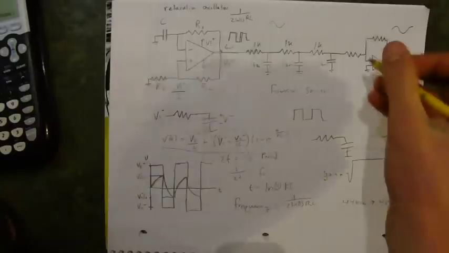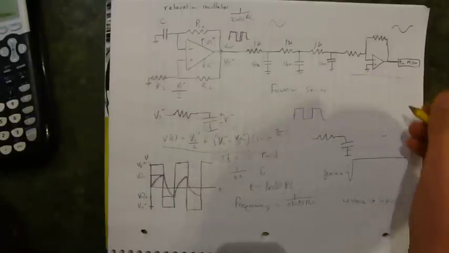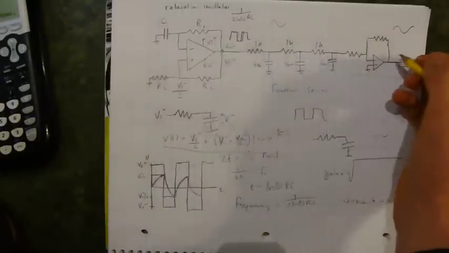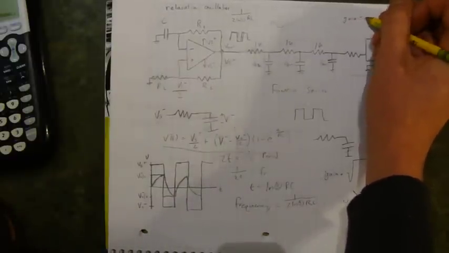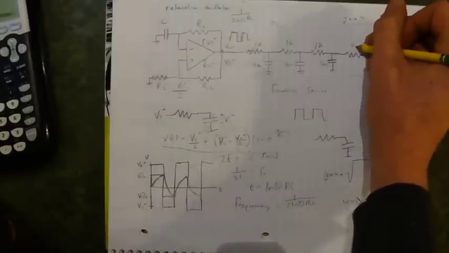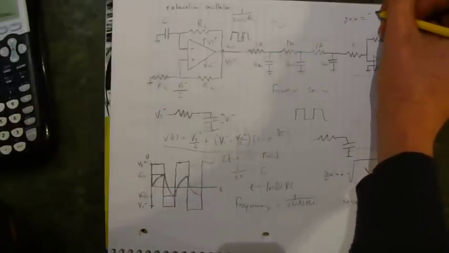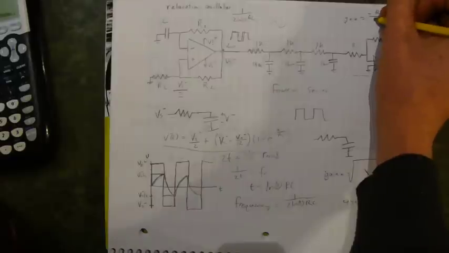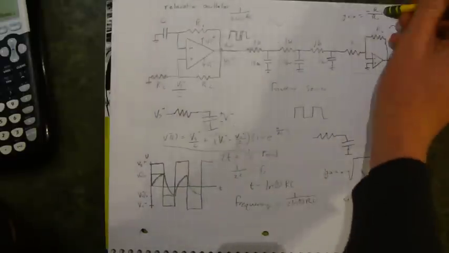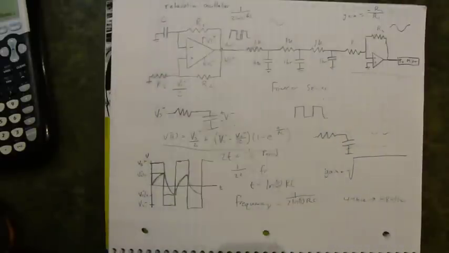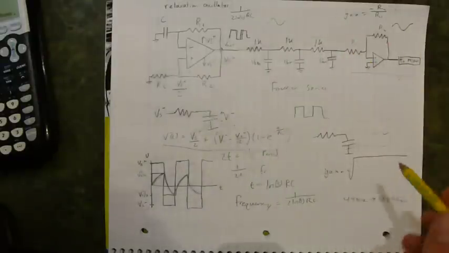So we have to then amplify that signal, and here is just an inverting amplifier circuit. The gain of this circuit is equal to, this is R1 and this is R2, I believe, negative R2 over R1. So whatever signal we lose by the time we get there, we want to amplify that.